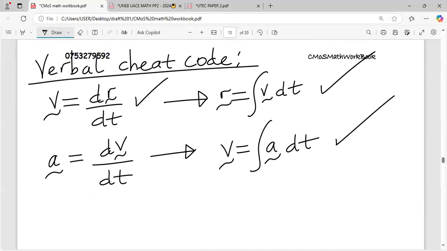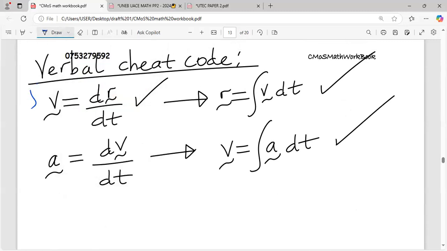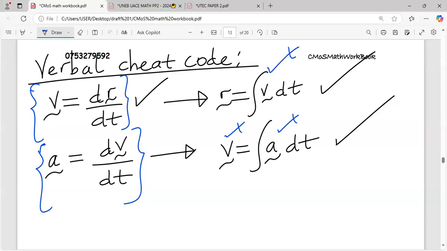If you cannot go through the other steps, at least recall the definitions. Acceleration is the rate of change of velocity. That is differentiation. That means, hence, velocity is the integral of acceleration with time. If velocity is the rate of change of displacement, that means displacement is the integral. All of them are with respect to time.